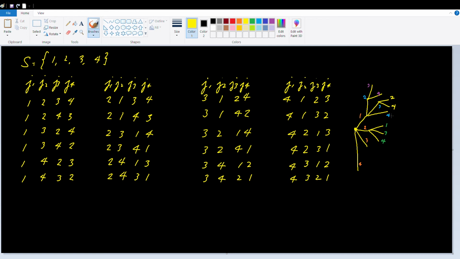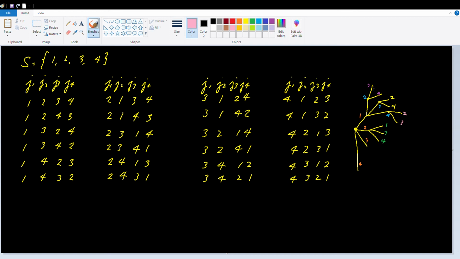So let us continue with 4. That will branch out to 2 and 3. So for the main branch 1, you now have: 1, 2, 3; 1, 2, 4; 1, 3, 2; 1, 3, 4; 1, 4, 2; 1, 4, 3.